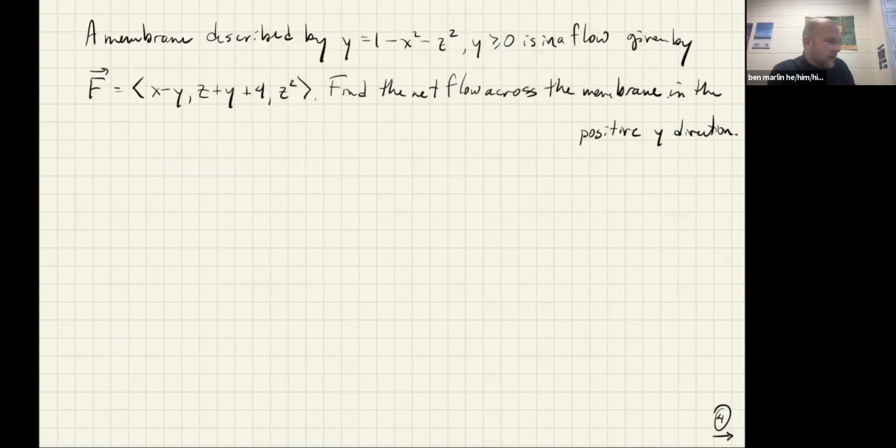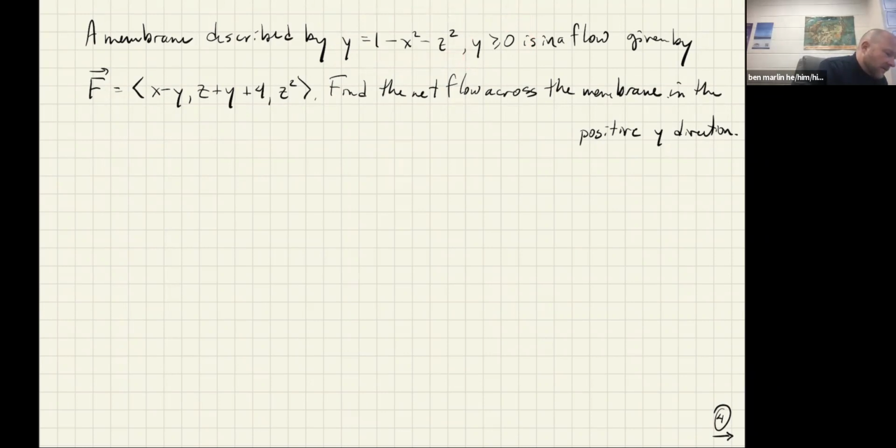All right, so this is another sort of problem here. The notion is that you've got a membrane with a certain shape, so that's going to be a parabolic sort of shape. Since we said y is going to be greater than or equal to 0, the x's are going to be such that y goes between 0 and 1.